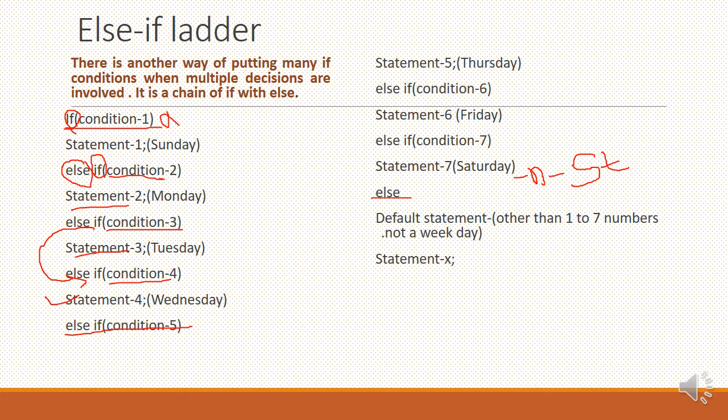That means here we have written n number of conditions. If all the n conditions are false, then where should the control go? It is going to execute the default statement. What is the work of this default statement?